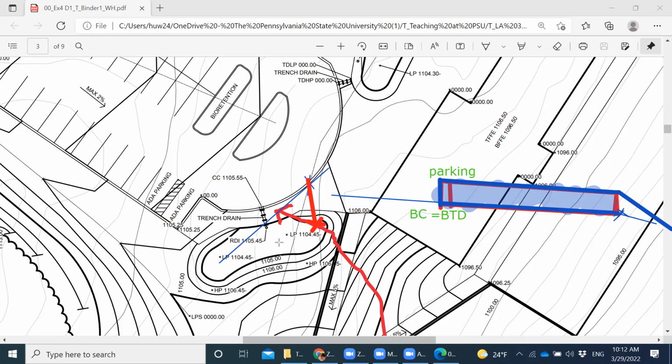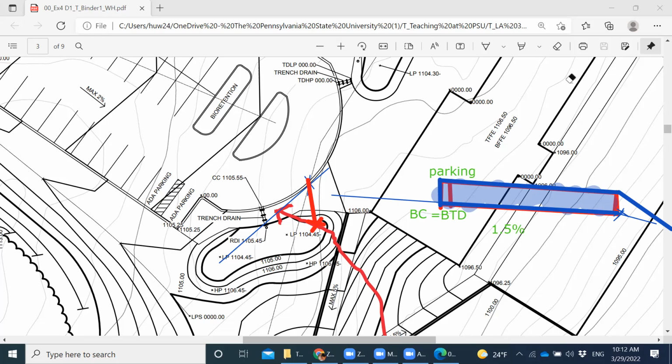What percent grade should a trench drain be running at? And I'm sure it's covered. 1.5. Yeah. Okay. Thank you. 1.5 will make it sufficient because it's more reliable than when we grade a paved surface.